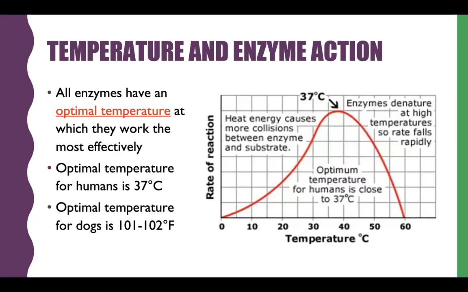So if you get sick, you can actually see this. Heat energy causes more collisions between enzyme and substrate. Optimal temperature for humans is roughly around 37 degrees Celsius. Enzymes denature at high temperatures, so the rate falls rapidly.